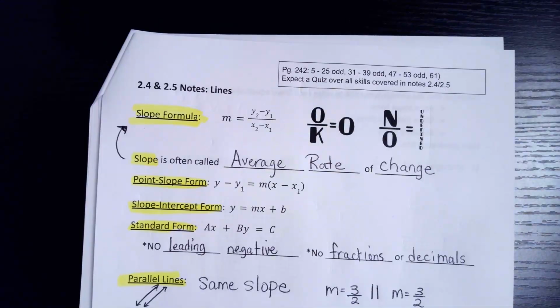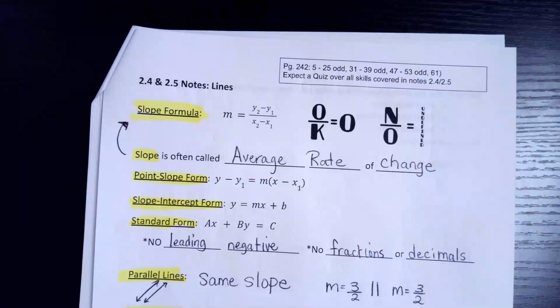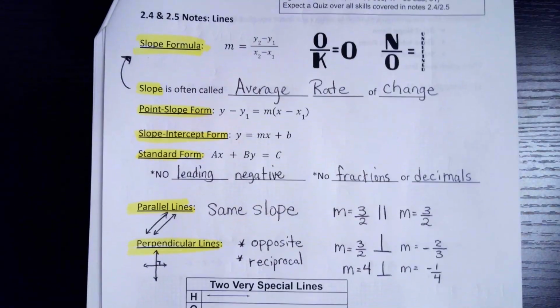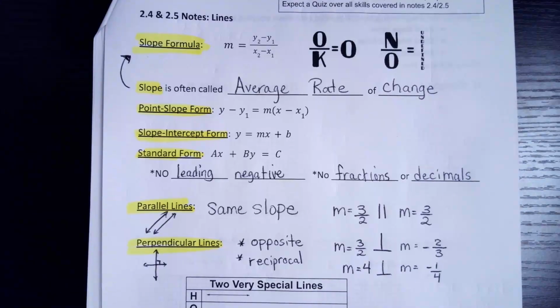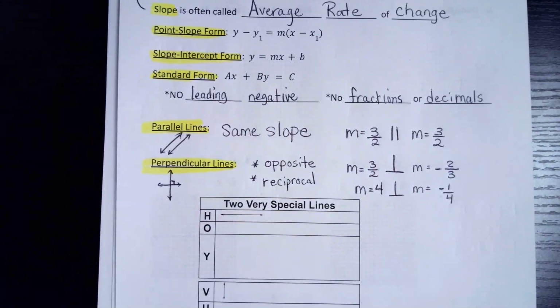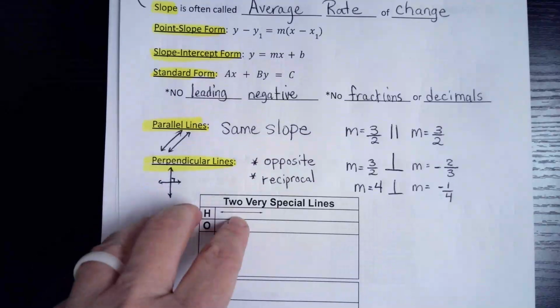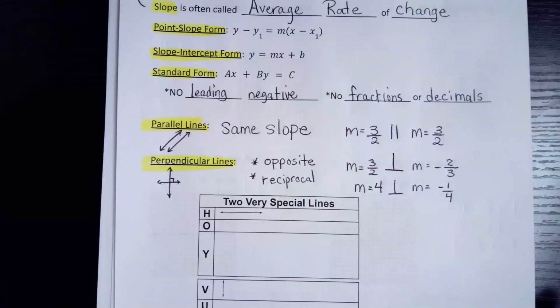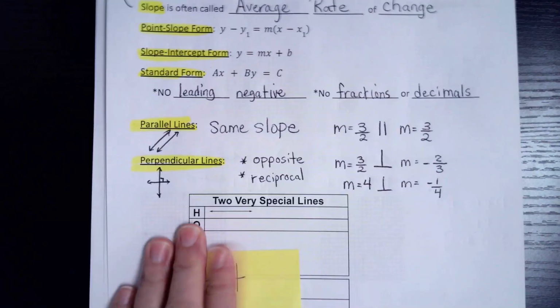I was teaching Algebra 2 at the time, in my linear unit, and I had already taught about horizontal and vertical lines, and my students were blowing it all over the place. Then I found this HOY-VUX, so I tried to go back and show them this better way, and they rejected it. But the next year it was in my notes. So we will start with HOY-VUX next time.